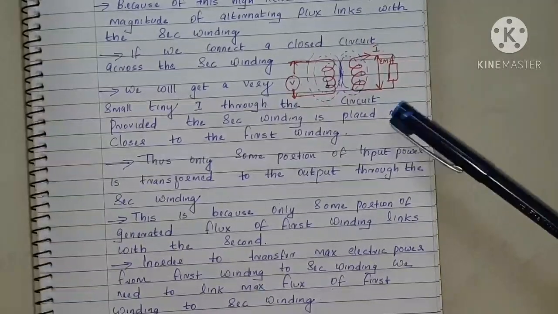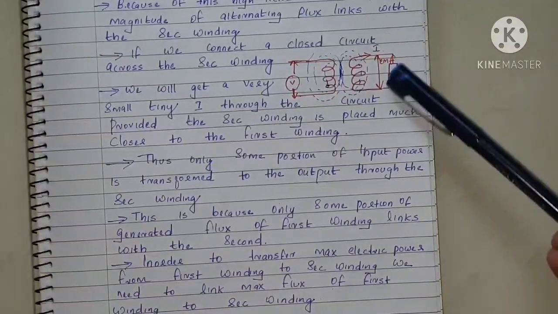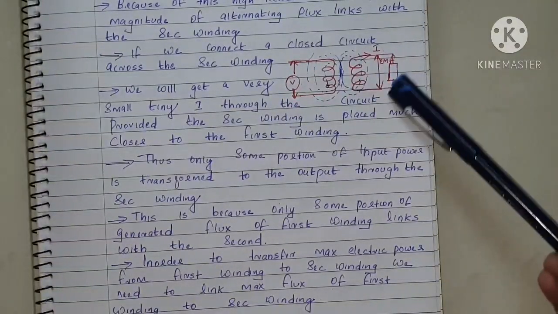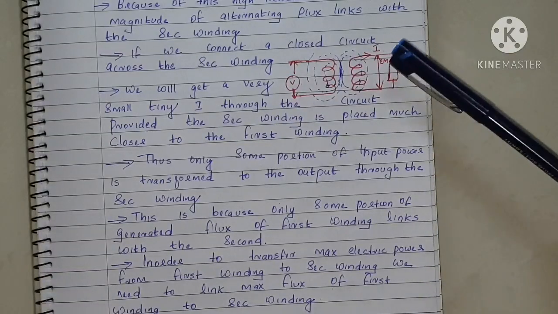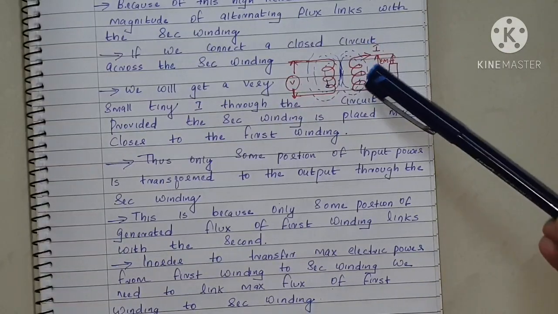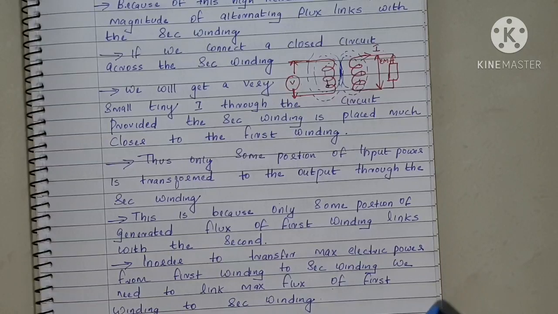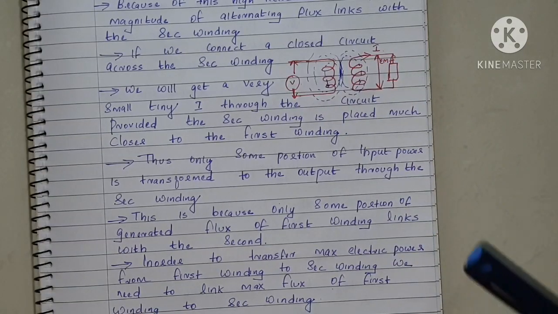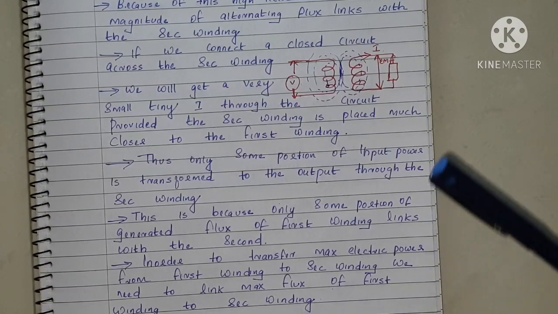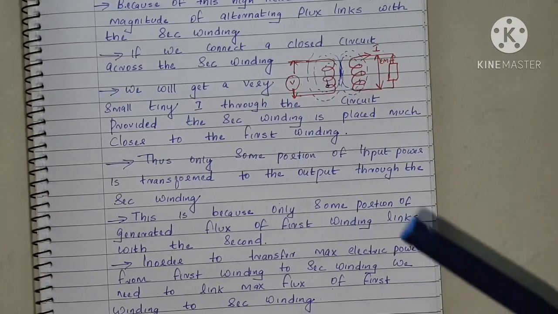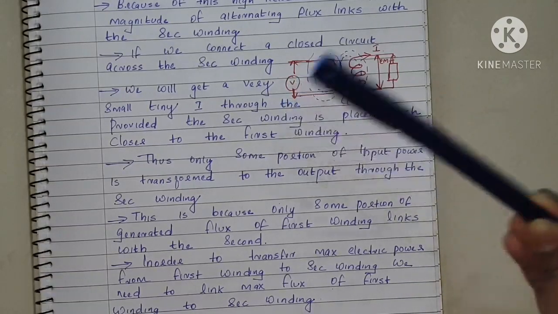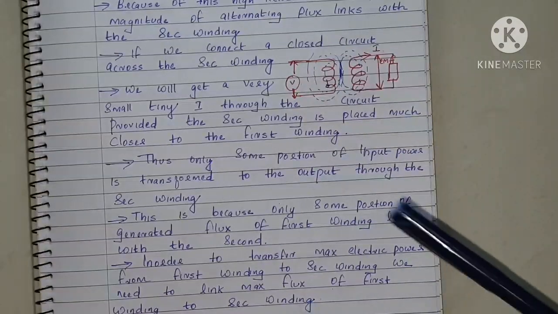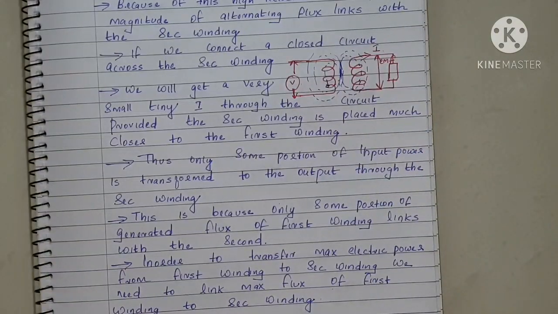So, if we connect a closed circuit across the secondary winding like this, we will get a very tiny current through the circuit, even if the secondary winding is placed much closer to the first winding. Thus, only some portion of input power is transferred to the output through the secondary winding.